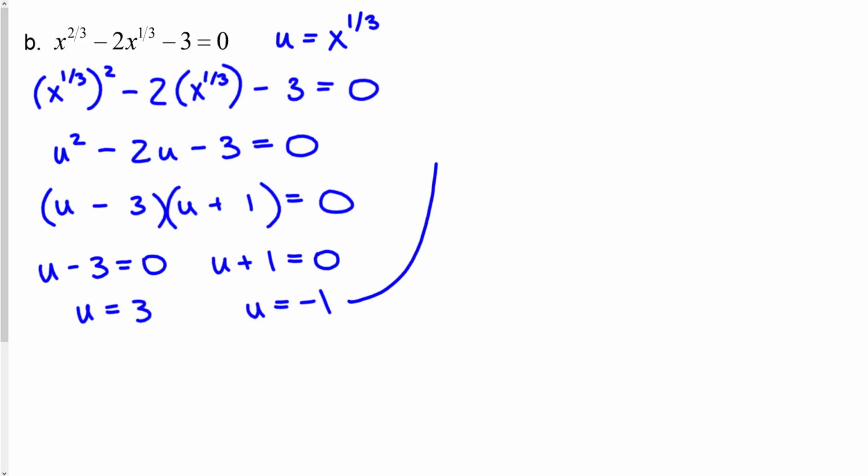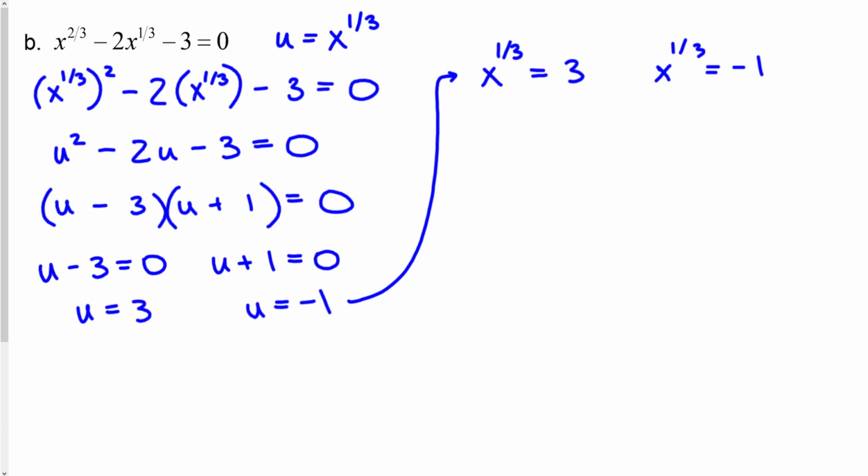But again, we have to substitute back in for x. We have to get back to the original variable. So since u is equal to 3, we can say x to the 1/3 is equal to 3, and x to the 1/3 is equal to negative 1. Now, when something is raised to the 1/3 power, that's the same thing as taking the cube root of it.